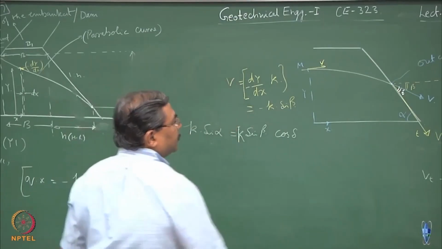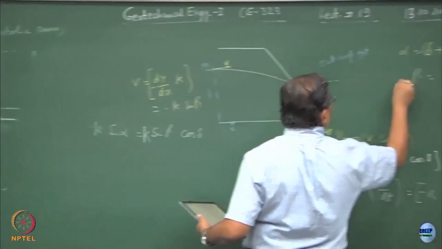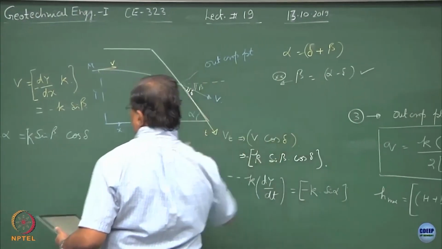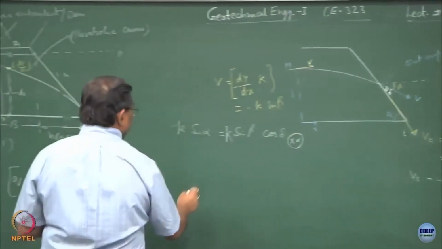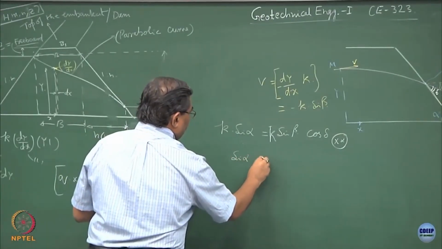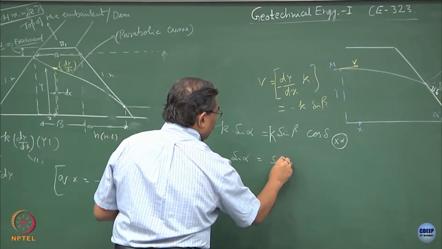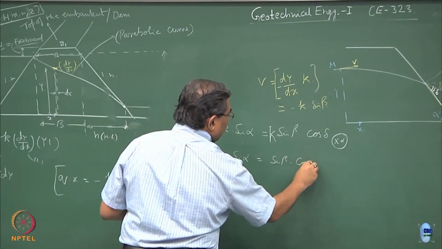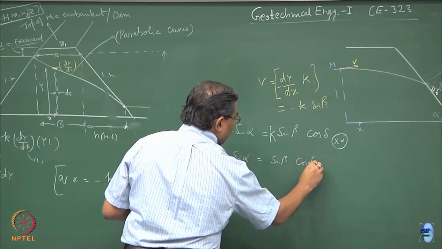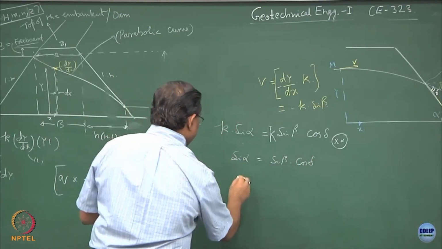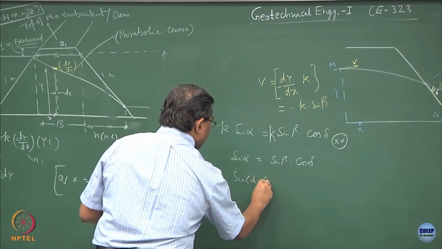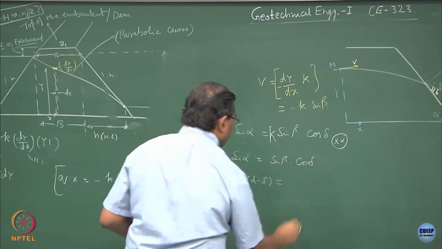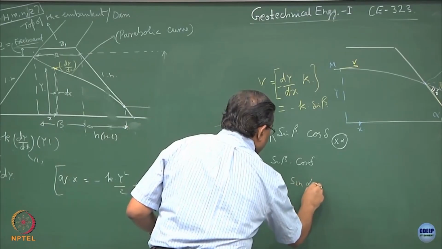So if I substitute this over here, I can show that sin alpha equal to sin beta cos delta, and if I substitute the terms, I will be getting sin of alpha minus delta equal to sin of alpha.